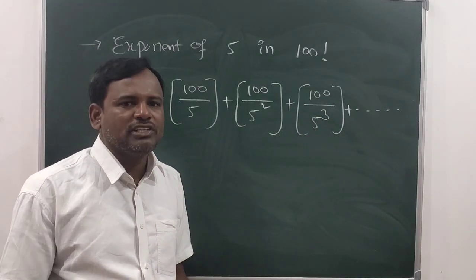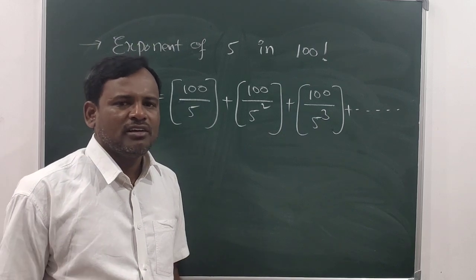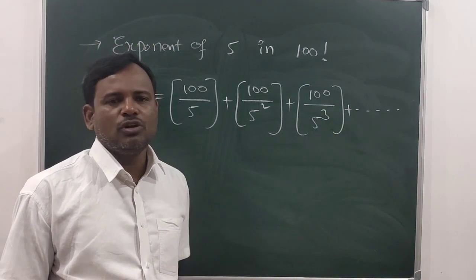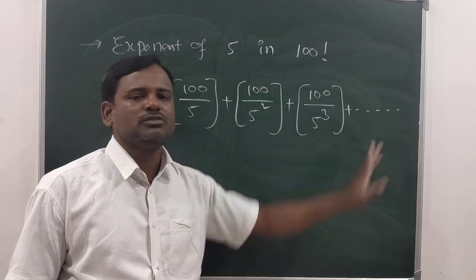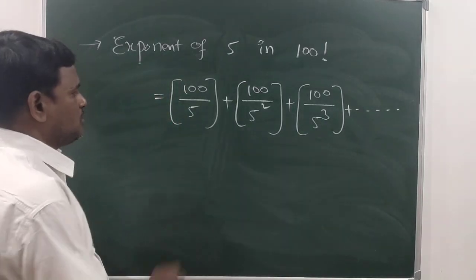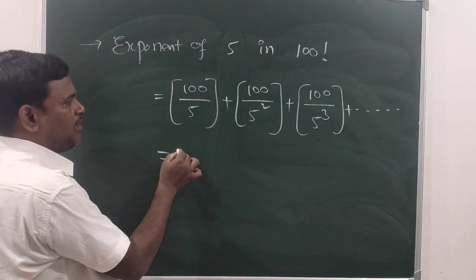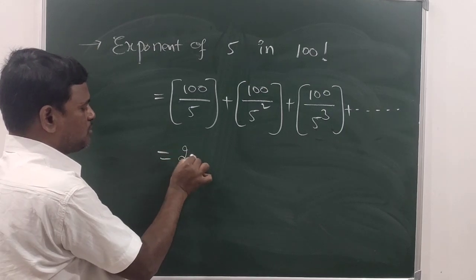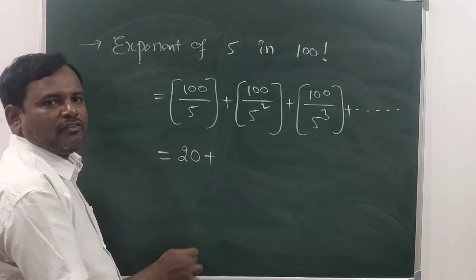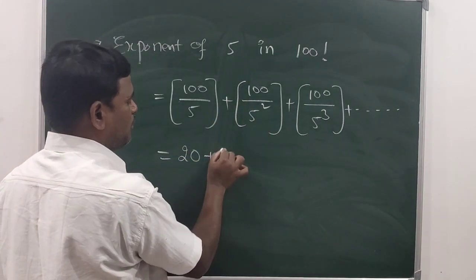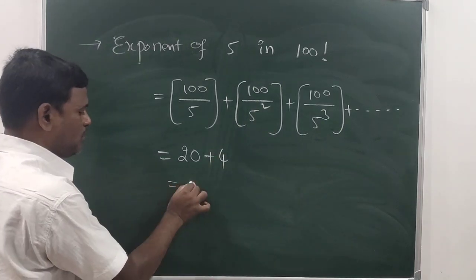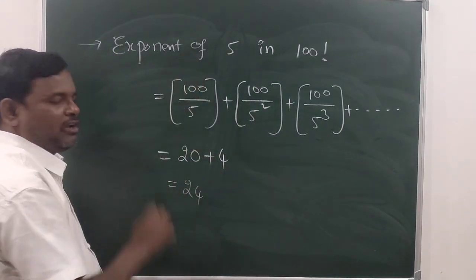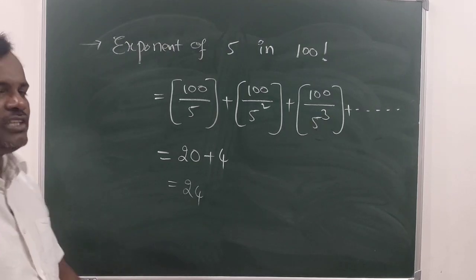When you simplify, we will get 0 point something, hence all these terms will become 0. Now simplify this. 100 by 5 becomes 20. 100 by 5 square, 25, is 4. So the exponent of 5 in 100 factorial is 24.